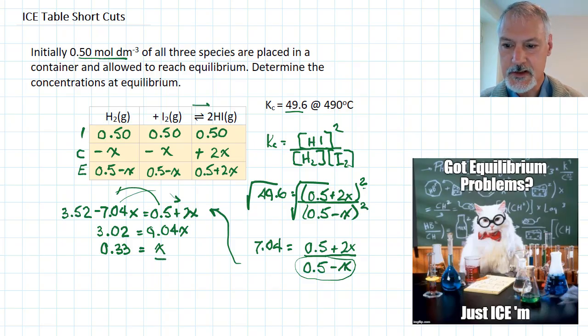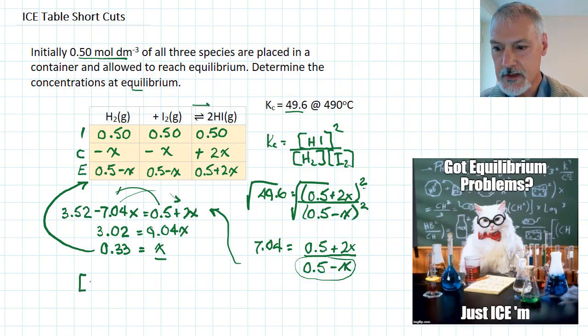All we've done here is determine x. What it wants is the concentrations at equilibrium. So I've got to take this back to my equilibrium line and substitute in for x. And when I do that, I'll get the concentration of hydrogen will equal the concentration of iodine, which will equal 0.33 moles per decimeter cubed.